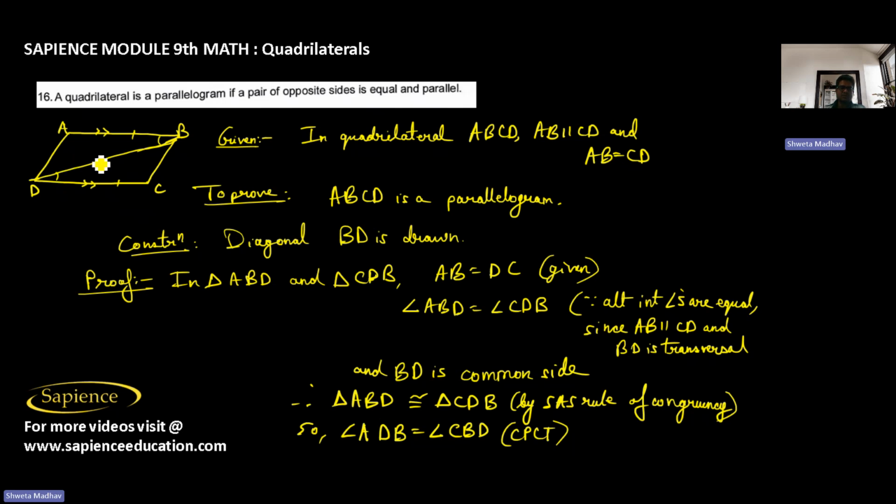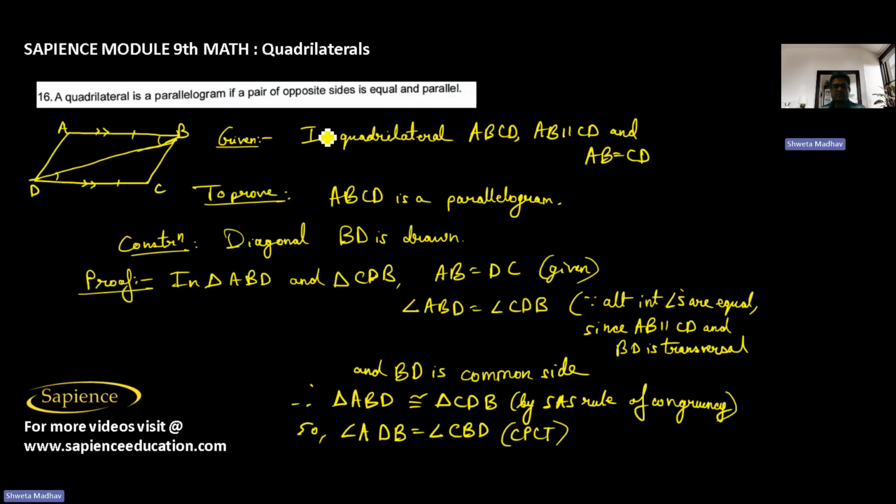Now these two angles are equal, which means that they are alternate interior angles. So therefore you can say that AD is parallel to BC also, since alternate interior angles are equal.